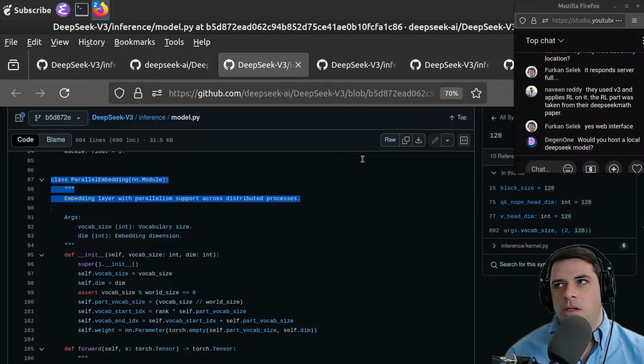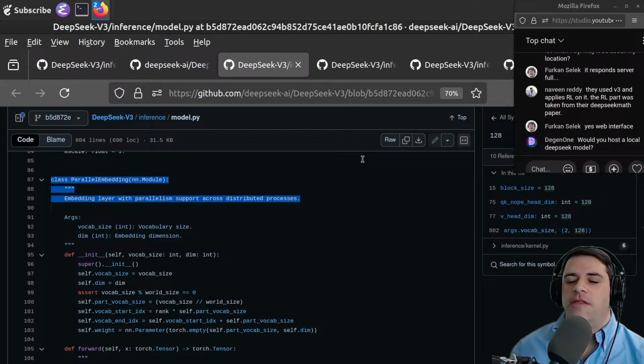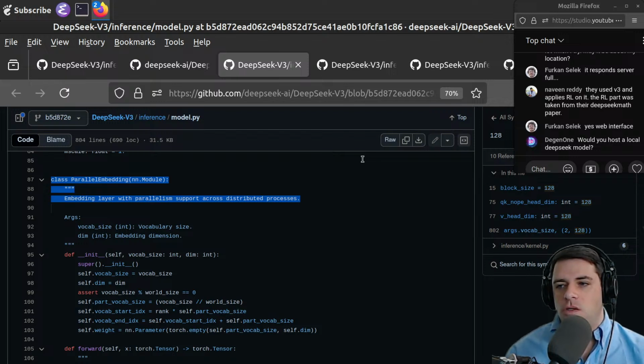And I certainly don't have the GCP quota to do it. I tried to create some GCP stuff that would host not the full model, but a smaller version. And I had to request quota, and they haven't given it to me yet. But I think running even a small version of the model for a month was maybe in the tens of thousands of dollars.